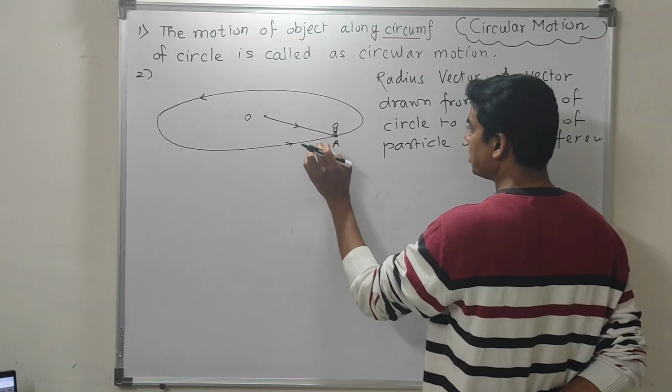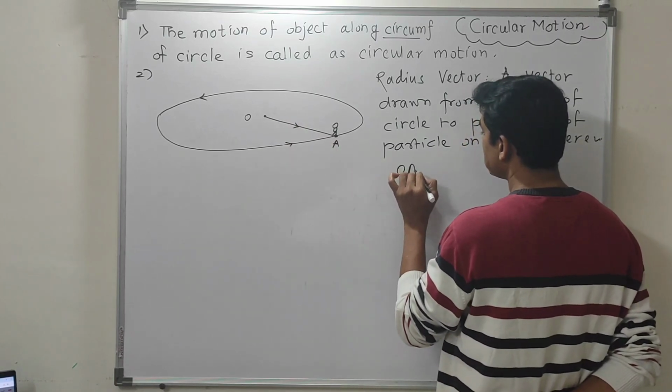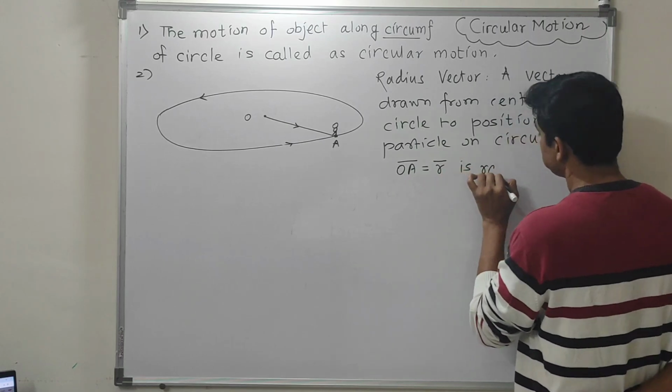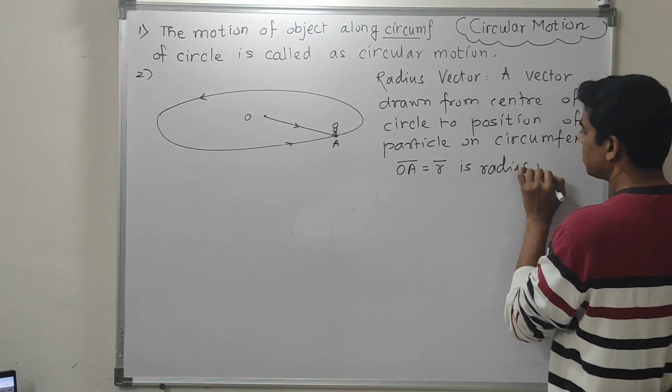So the radius vector is a very important term. For this particular case, OA bar is equal to R bar, the radius vector.